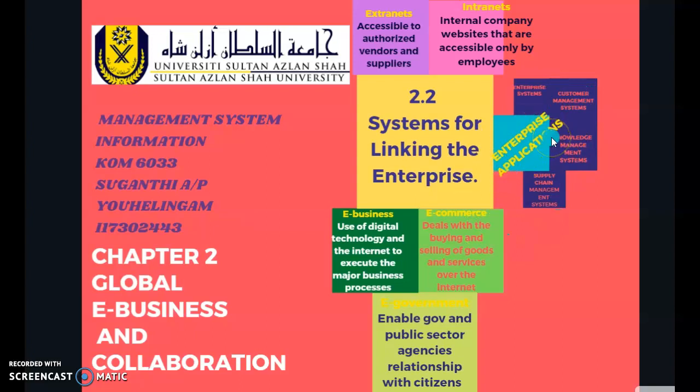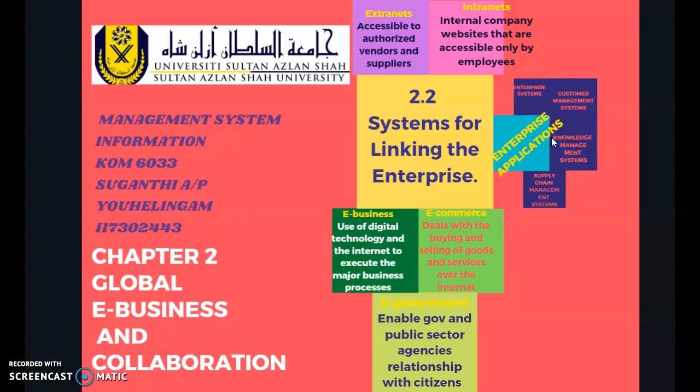Enterprise applications are systems that span functional areas, focus on executing business processes, cross the business firm, and include all levels of the enterprise. Enterprise applications help businesses become more flexible and productive by coordinating their business processes more closely, and more efficient management.